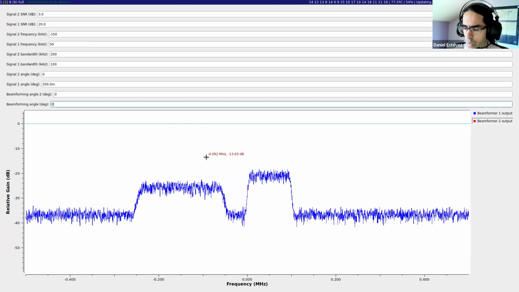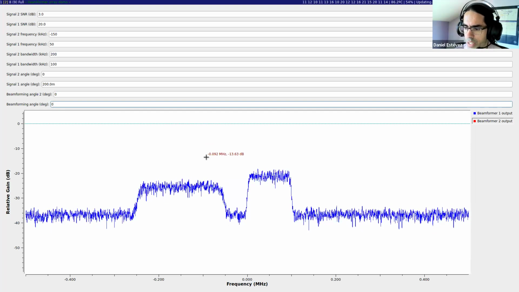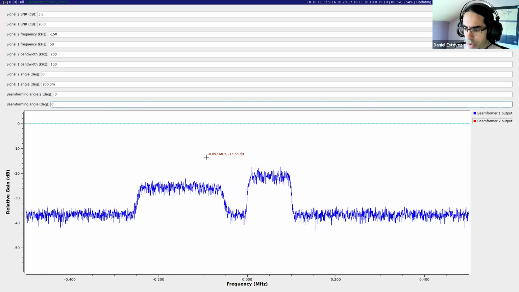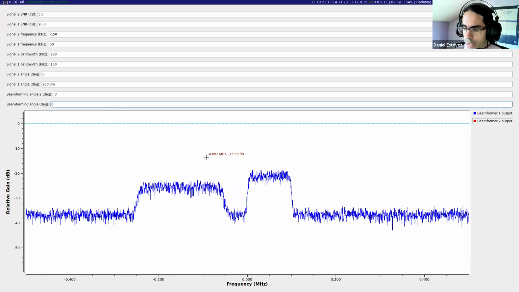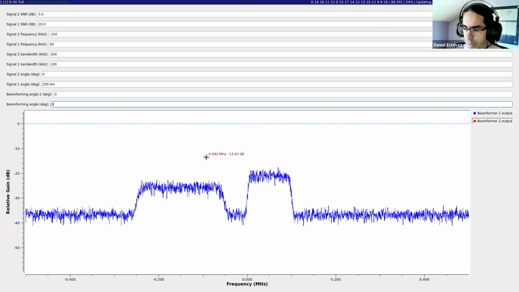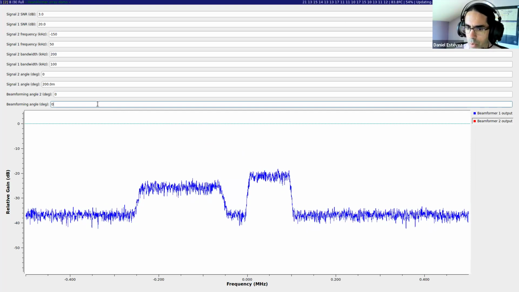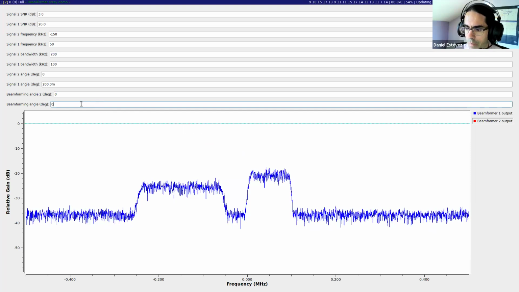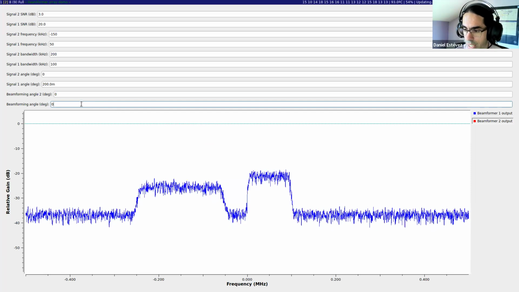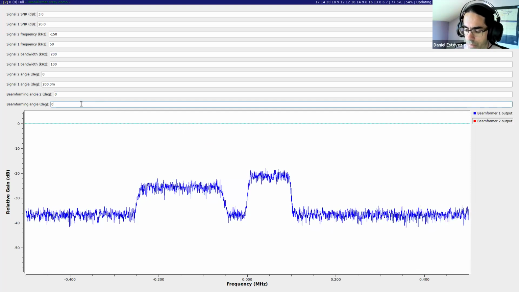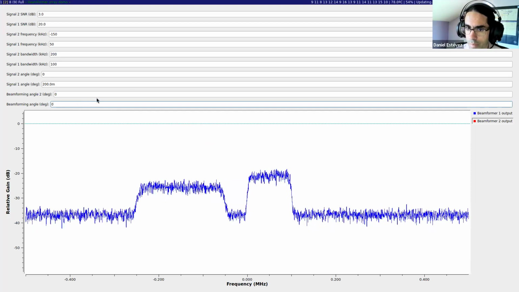So why is this useful? This is useful for several reasons. One reason is that, for example, it can help us separate different sources on the sky by beamforming on one of them.